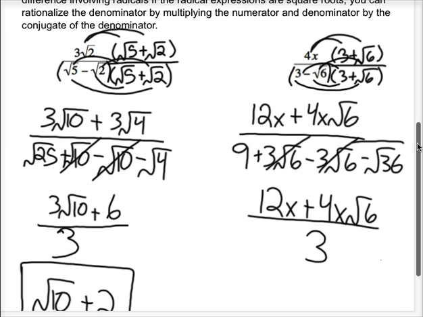And now this time, notice, the 12 and the 4, those are not both divisible by 3, so I actually can't simplify this one anymore. This time, it's left as a fraction. However, that is all right because the fraction that we're left with has no radicals in the denominator, and that was our goal that we learned in Expo and we revisited already in 6.2, just took it a little bit further here.